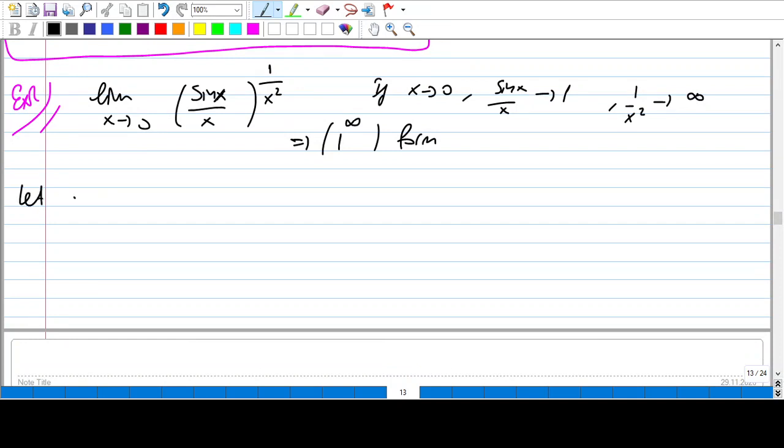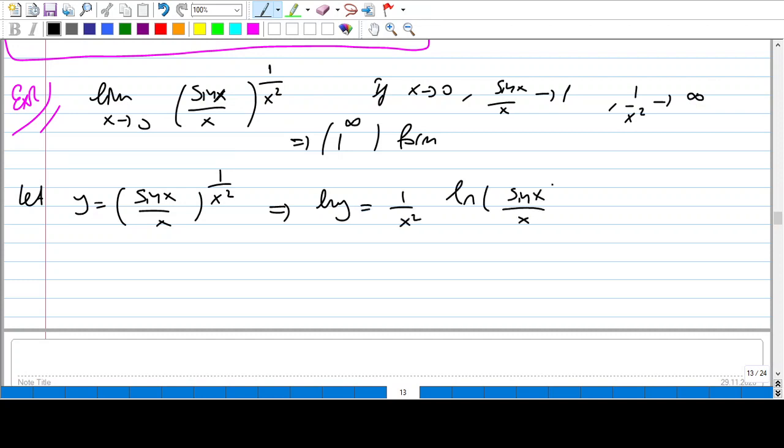Let y be (sine x over x) to the power 1 over x squared, which implies that ln y is equal to 1 over x squared times ln of sine x over x. Take the limit of both sides.